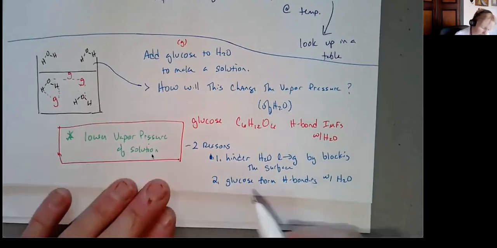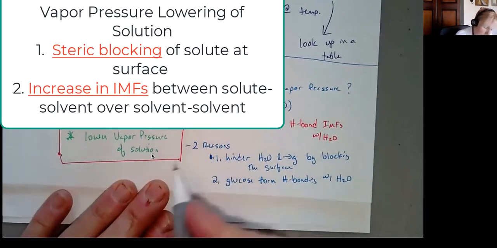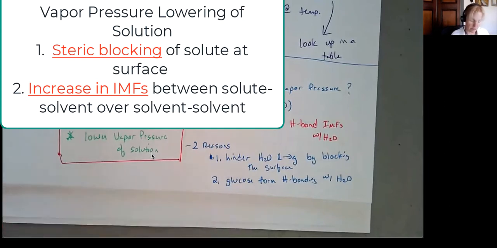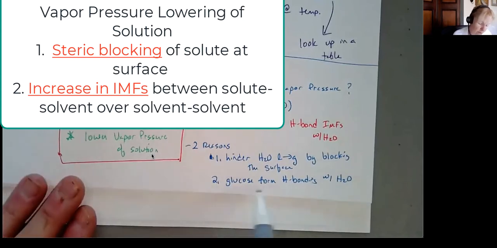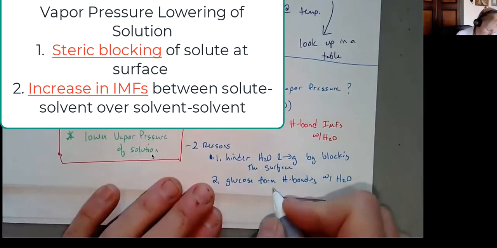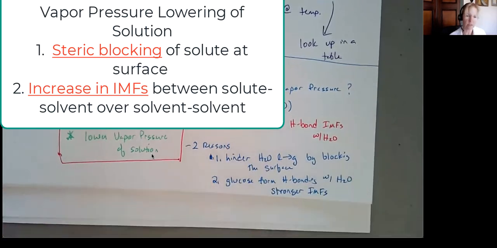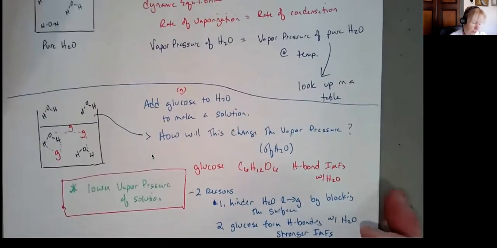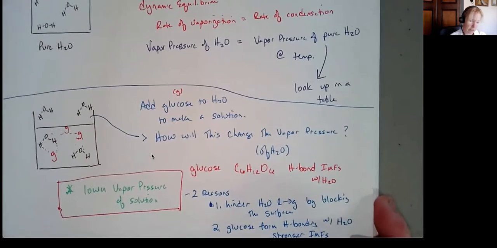Both of these are going to end up lowering the vapor pressure. One, there's a steric hindrance at the surface, and two, you're forming stronger intermolecular forces that are holding the water in solution.